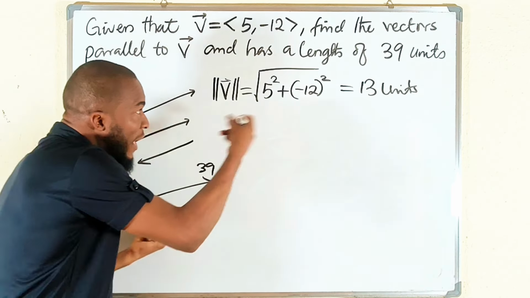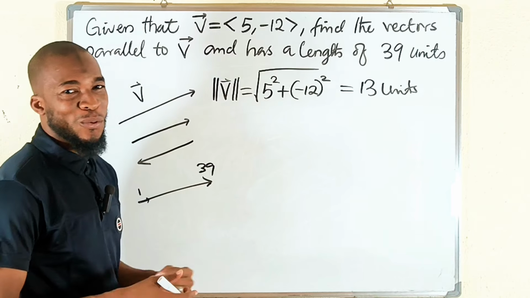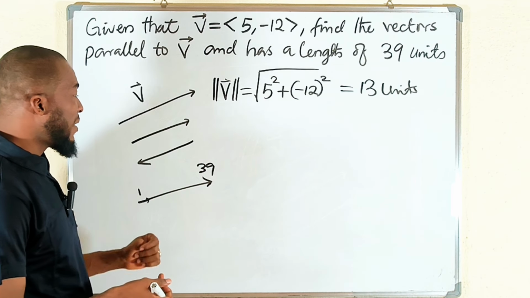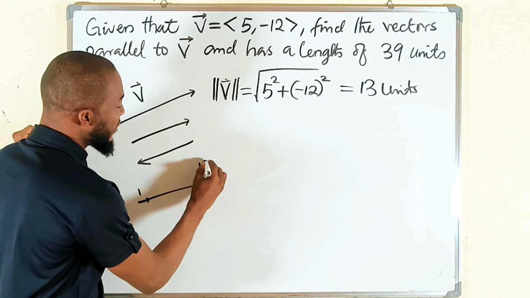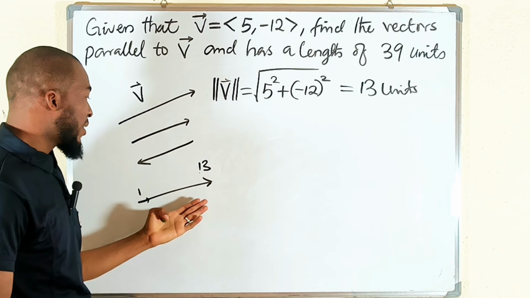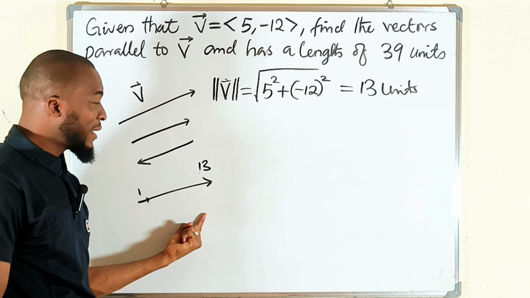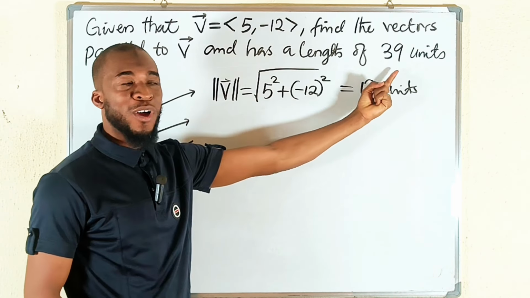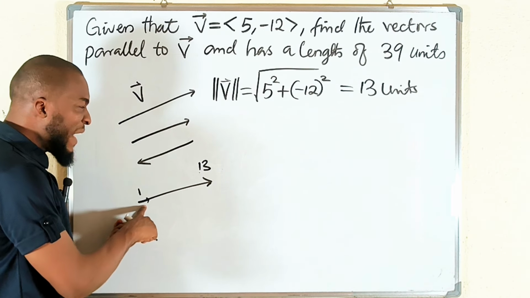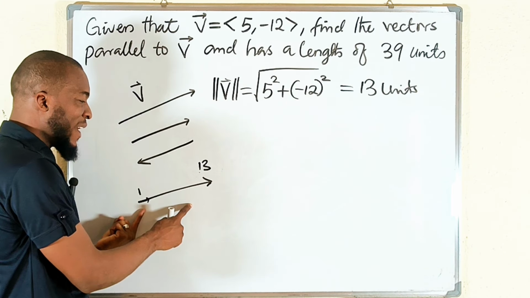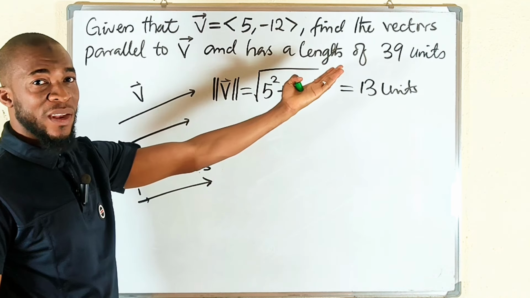Then we multiply that by 39 just to obtain the total length of the vector we are looking for. Did you understand that? This particular one has 13 units as its magnitude. But we are looking for another vector that is parallel to this one, but with a magnitude of 39 units. So you can find a unit vector of this one, then you multiply it by 39 just to get the total length you are looking for.